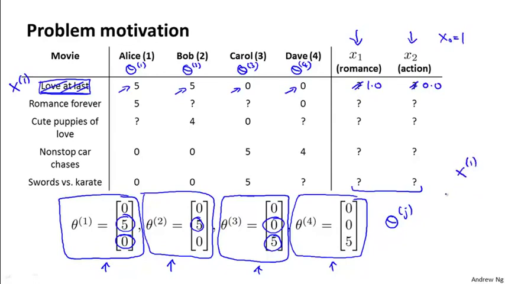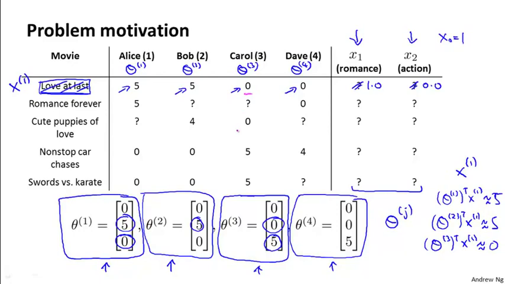This example is a little bit mathematically simplified, but what we're really asking is what feature vector x1 should be so that theta1 transpose x1 is approximately equal to 5, that's Alice's rating, and theta2 transpose x1 is also approximately equal to 5, and theta3 transpose x1 is approximately equal to 0, so this would be Carol's rating, and theta4 transpose x1 is approximately equal to 0.